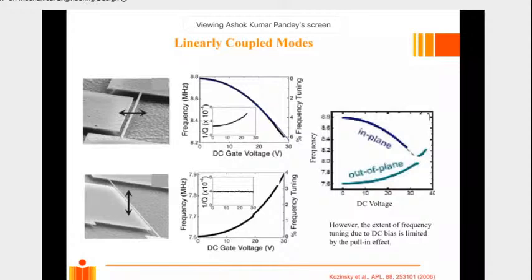So in this example, you can say that there is a fixed beam. Okay, this is of nano scale range, and it is excited electrostatically in this direction, and the bottom one is grounded. So this gap is very small. So you see that as the voltage is increased, its frequency reduces, right?